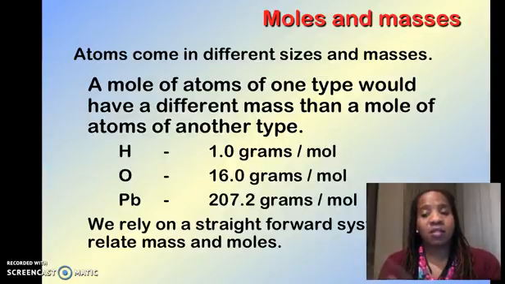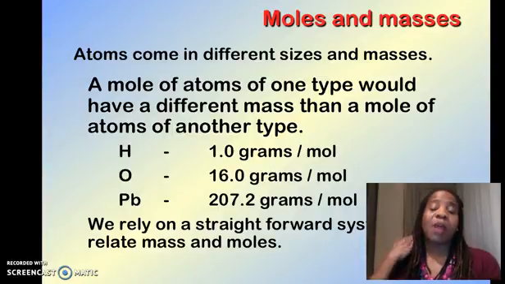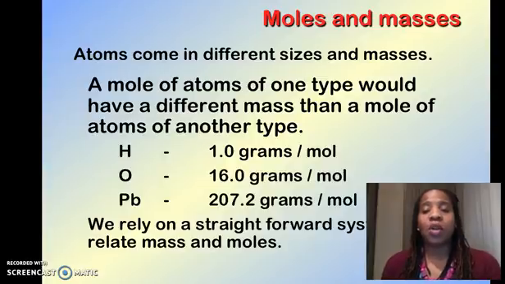So that's where things get interesting, because all we have to do to figure out how much a mole of anything weighs is look at the atomic mass on the periodic table. The atomic mass that you see on the periodic table is in a unit called AMU, atomic mass units, but we use that mass in grams because that is the mass of 1 mole of any element.